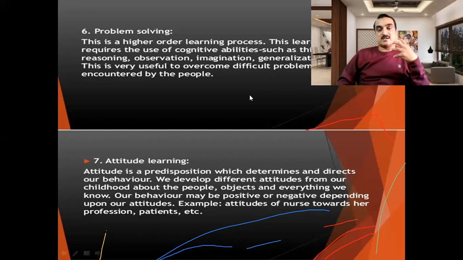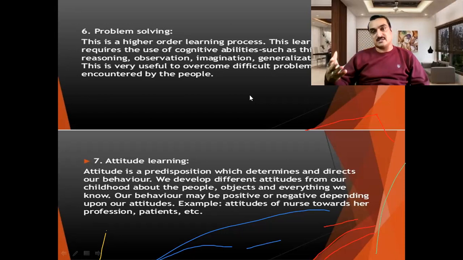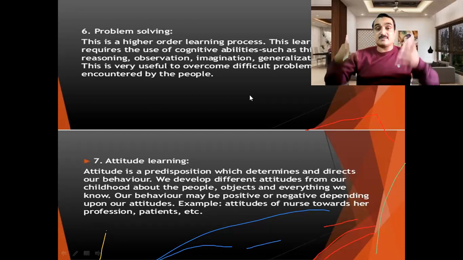For the lover of cricket, they may definitely think of using that ball to play. If the same ball is given to a very young baby, the baby may start sucking the ball. If it is given to other children, again they may start playing, or some people may use that ball to hit somebody. So it depends upon the attitude that we have developed. Even that becomes a part of learning, I can say.